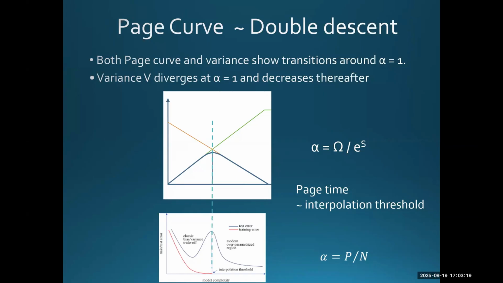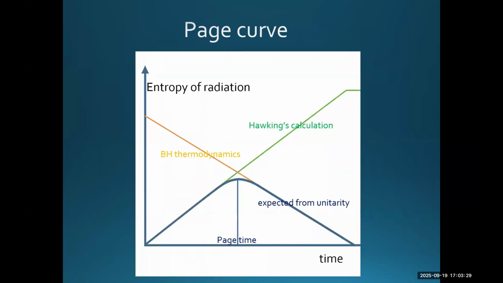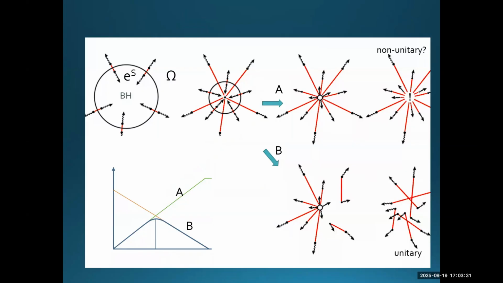So should the distance of the Page time be derived from a quantum perspective, not the classical or sample perspective? I think nobody knows that point. In this case, we can use semi-classical gravity here.